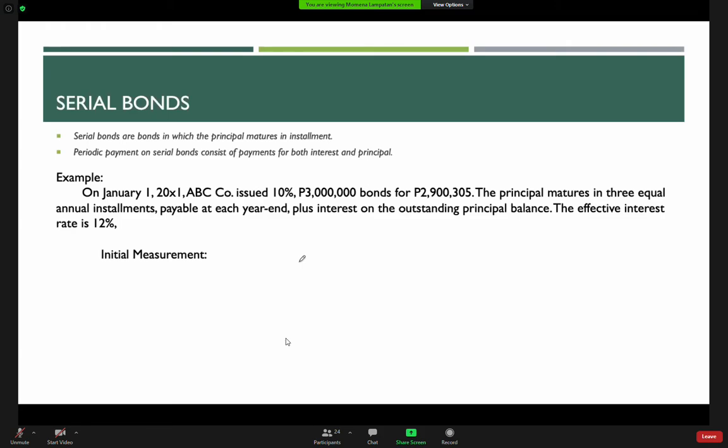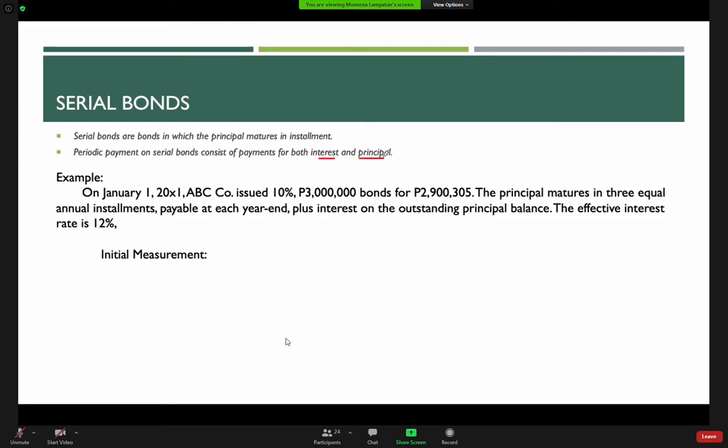Ibig sabihin, hindi natin hihintayin yung maturity period para bayaran yung bonds. Okay? Unti-unti siyang binabayaran through installment. So, meron tayong periodic payment will include both the payment for interest and principal.